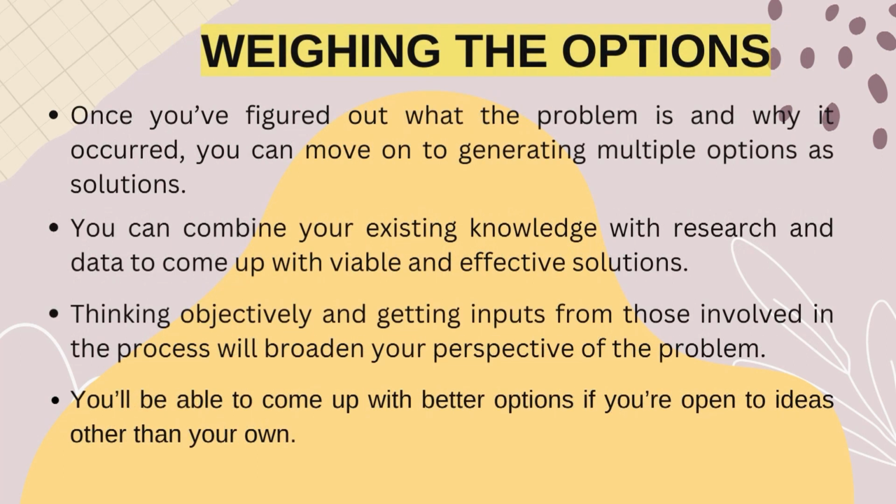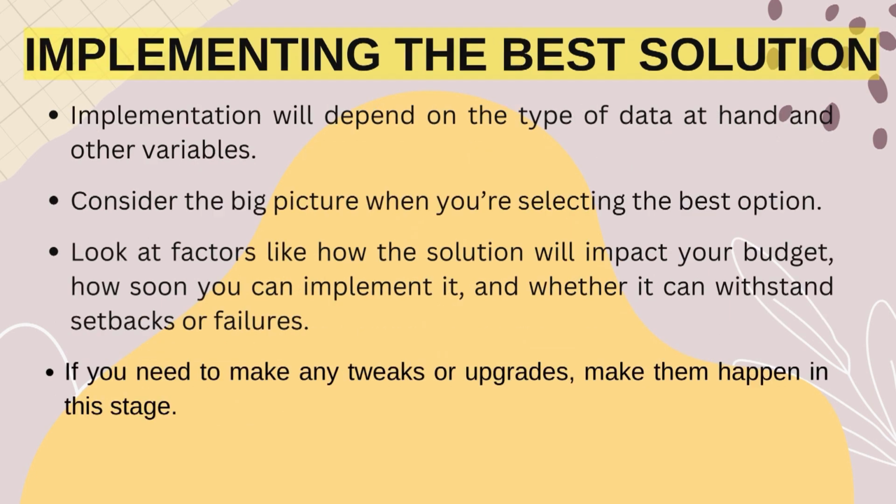Then weighing the options, because you have multiple options as solutions, and you think about each option or solution in detail. Implementing the best solution: you consider the big picture when you are selecting the best option. Look at factors like how the solution will impact your budget, how soon you can implement it, and whether it can withstand setbacks or failures.